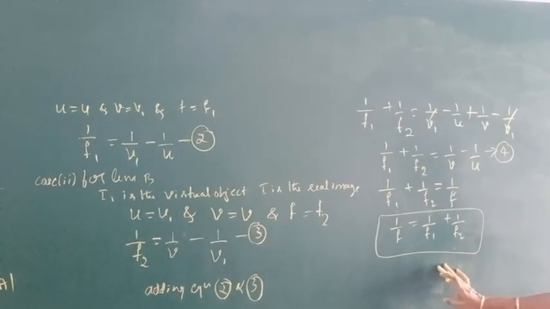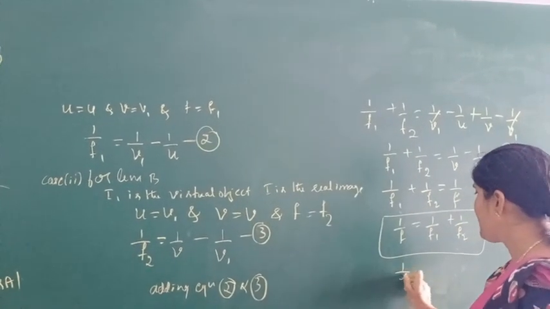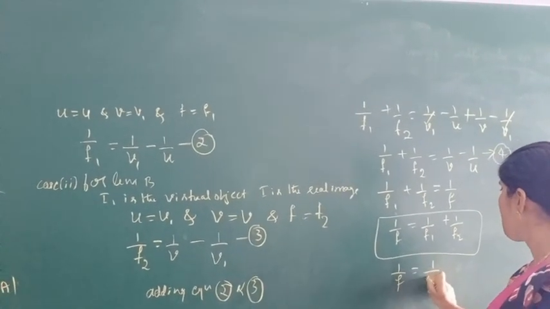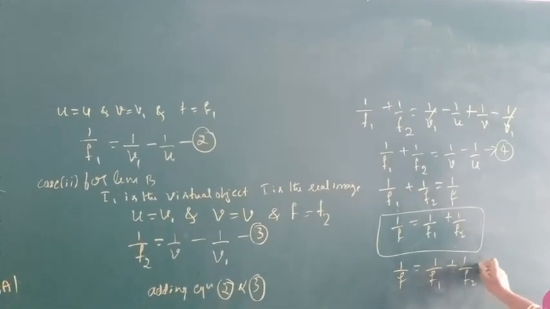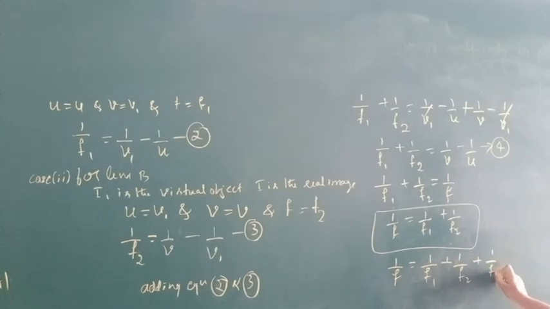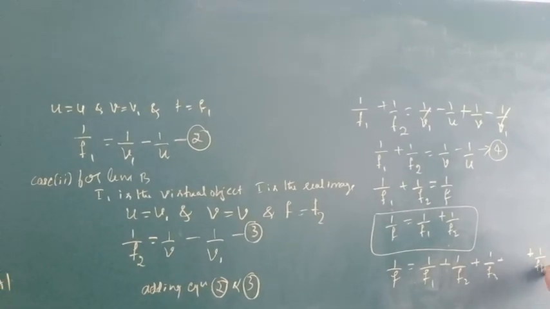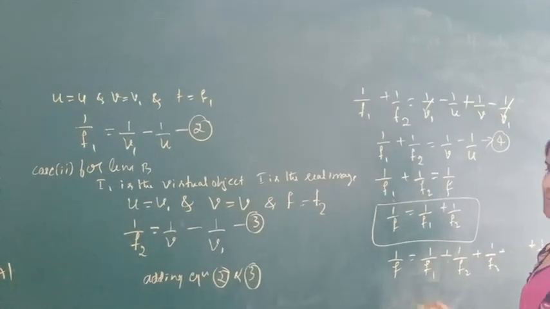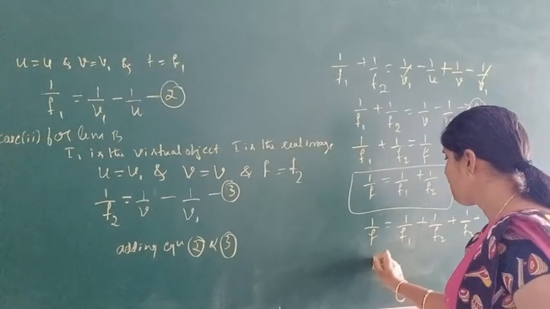If n number of lenses are connected, then this formula can be written as 1 by F is equal to 1 by F1 plus 1 by F2 plus 1 by F3 etc. This formula can be written in terms of power, as power is the reciprocal of focal length.